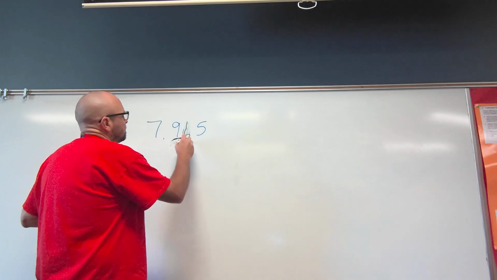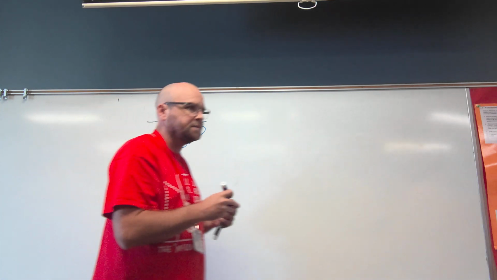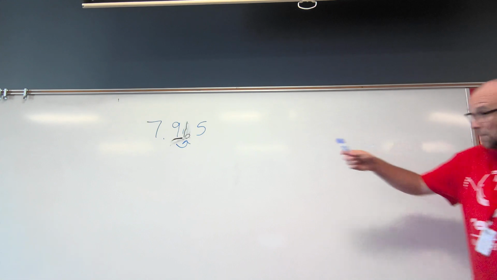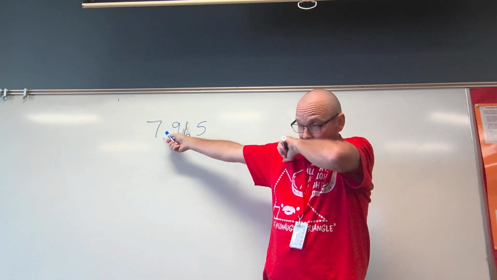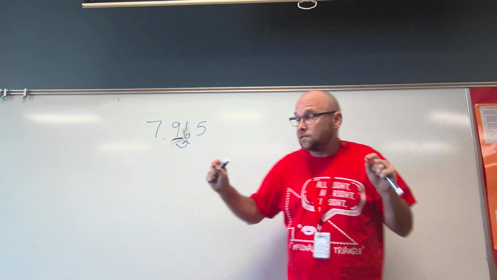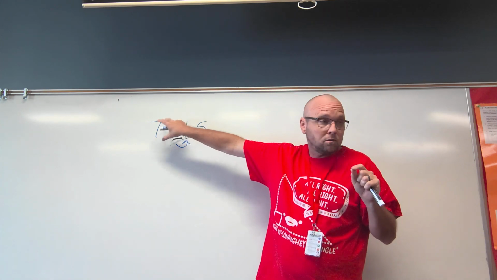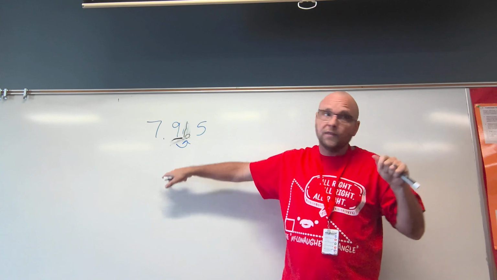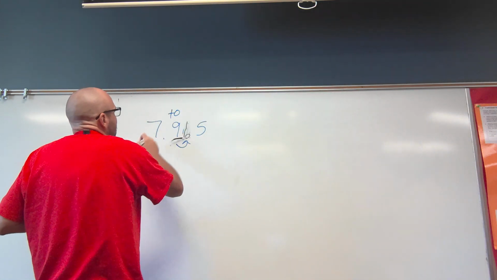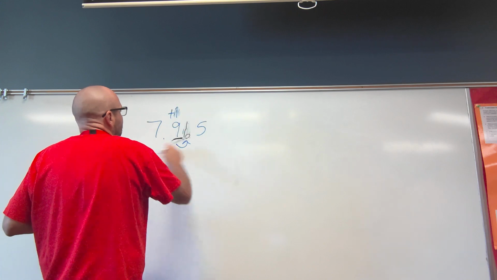Now, behind the tenths place is a 6. So what am I going to do to my 9? Add 1. What I've seen too many people do is just change this to a 0 and leave it as 7.0, and that doesn't work. That's why I say add 1 or add 0, and we're going to add 1 here.